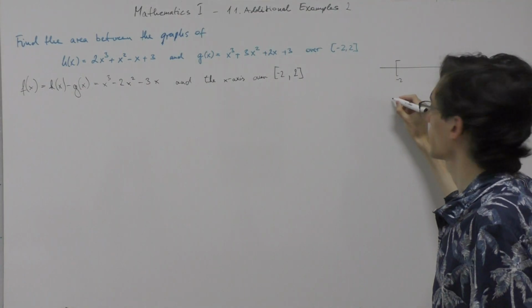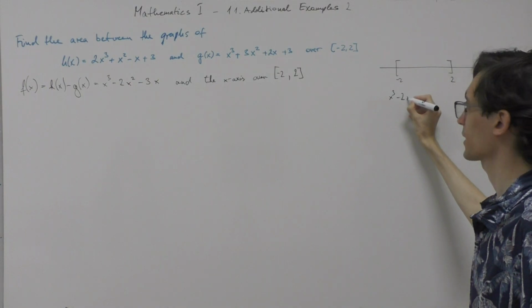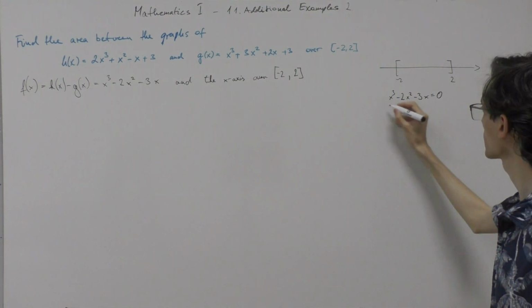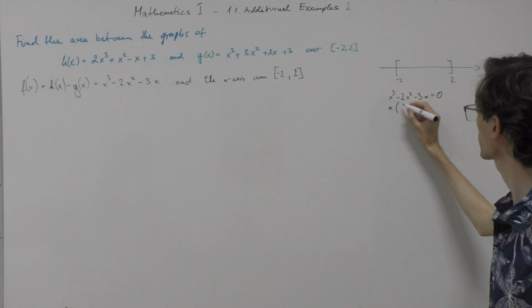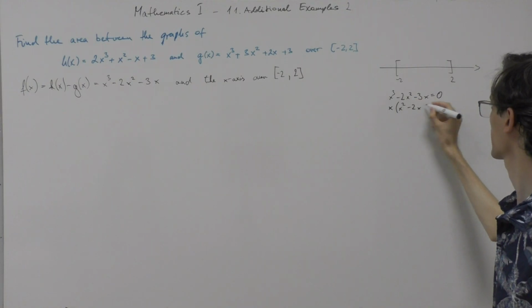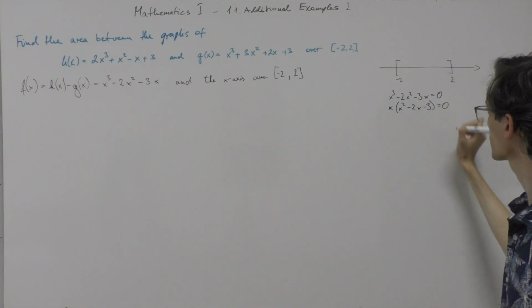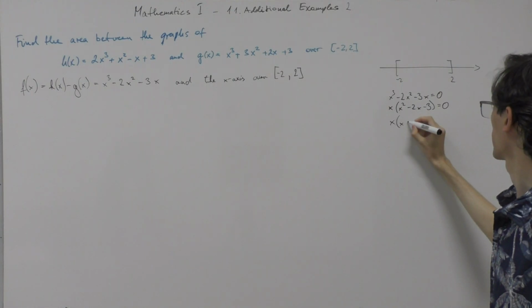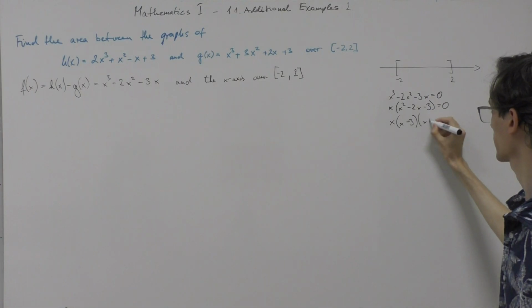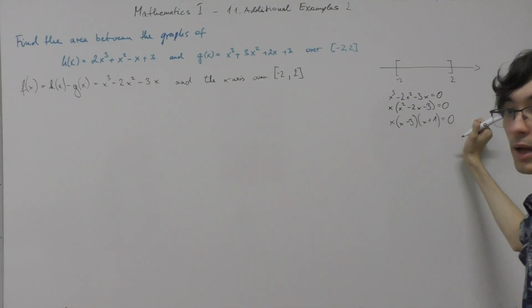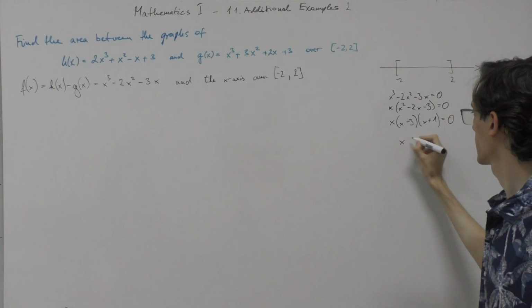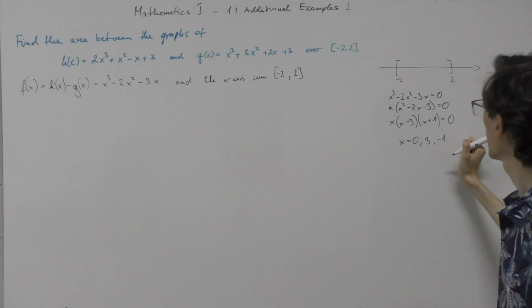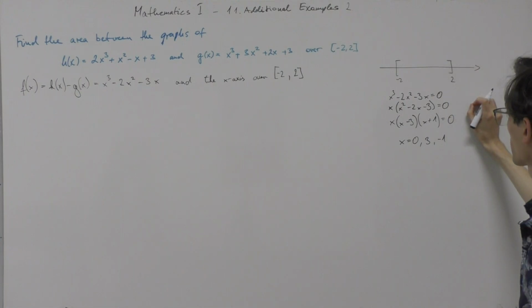So let's solve the equation x cubed minus 2x squared minus 3x equals 0, and we can see that we can factor out x, giving us x times (x squared minus 2x minus 3) equals 0, and now we have x times (x minus 3) times (x plus 1) equals 0, giving us 3 zeros of this function, x equals 0, 3 or -1.